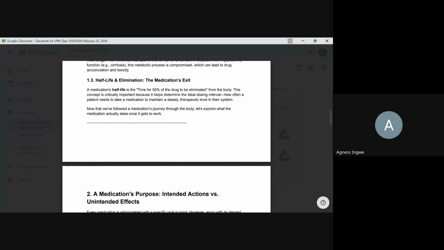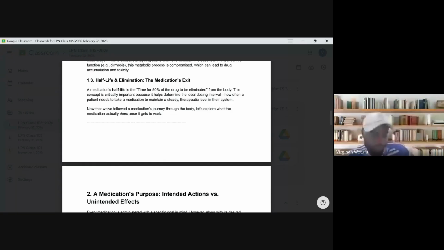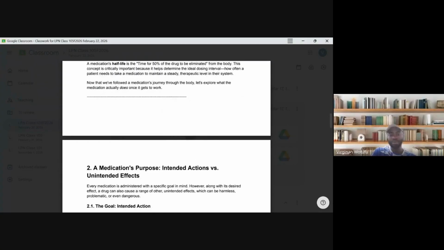Can someone help us with the significance of understanding the half-life of a medication? What is the importance of knowing the half-life of a medication? Like I just said, the half-life is the time it takes for 50% of the drug to be eliminated from the body.